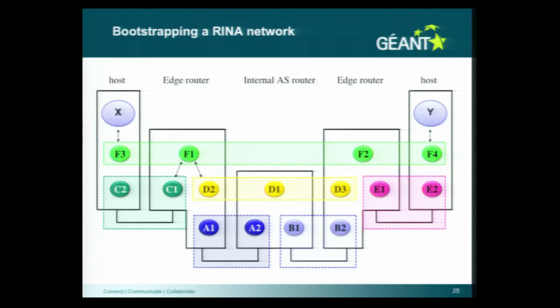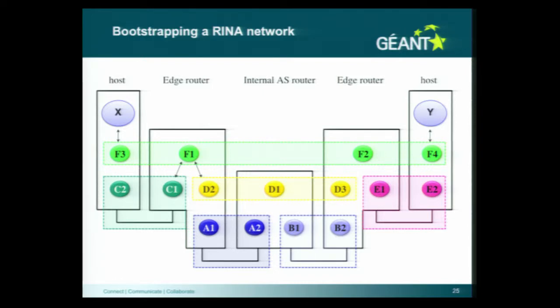So when X wants to talk to Y, it would request to F3, the IPC process: can I allocate a flow between me and Y? F3 would resolve the address of Y, so it would be the address of F4, and route within the layer, so there's no layer violation.